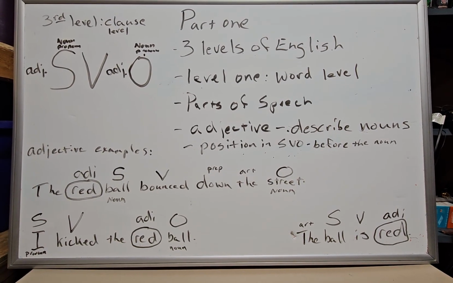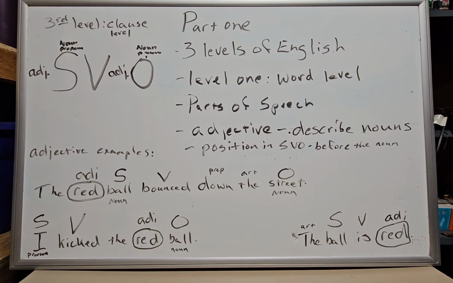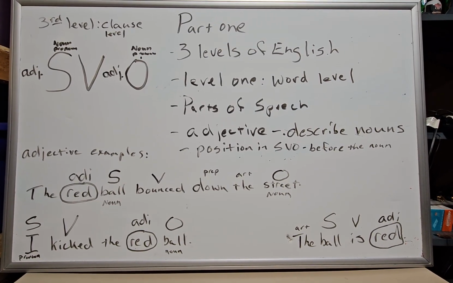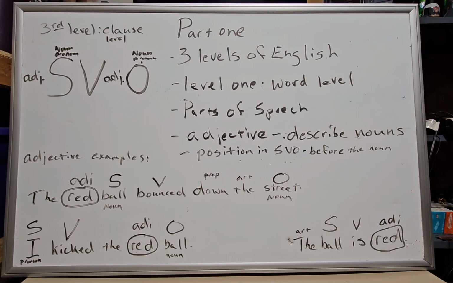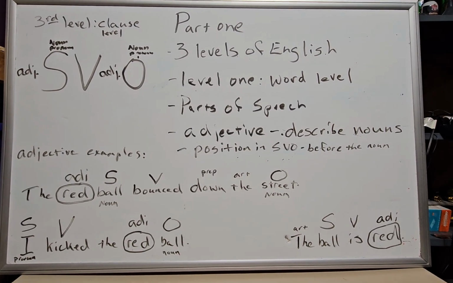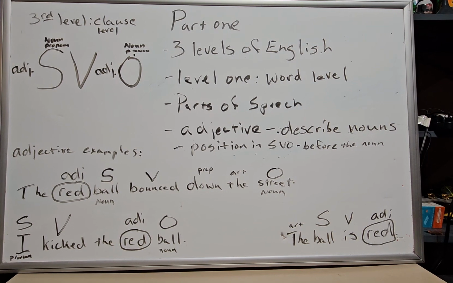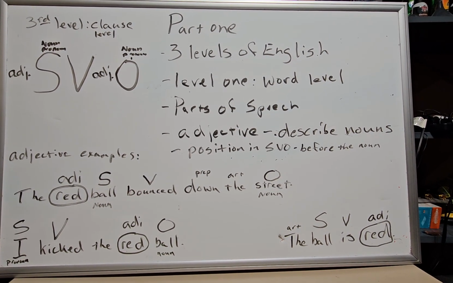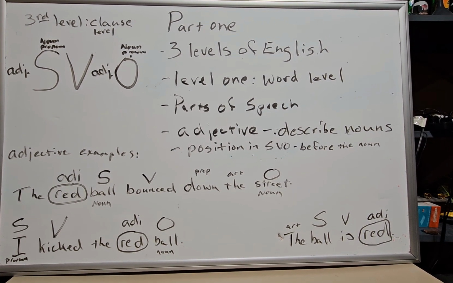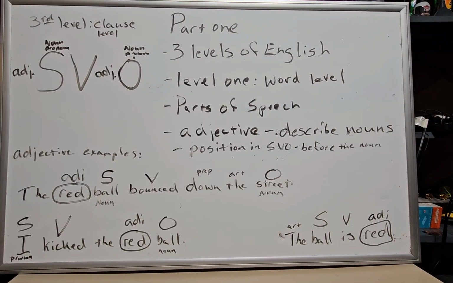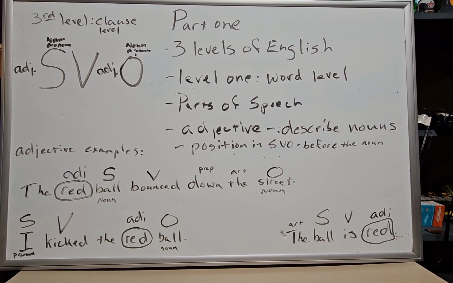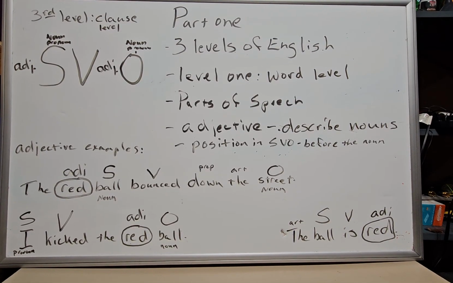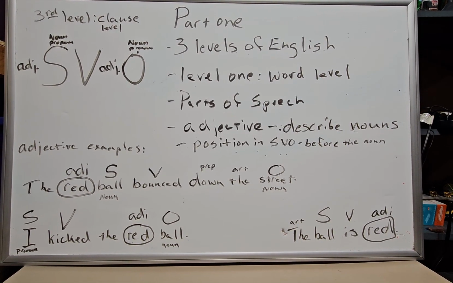Ball is the noun in the first position of the subject. We look for the next position, the verb. Usually the verb follows directly after the subject. This is not always the case, but in this example it is. Bounced. The action of the sentence is the verb.